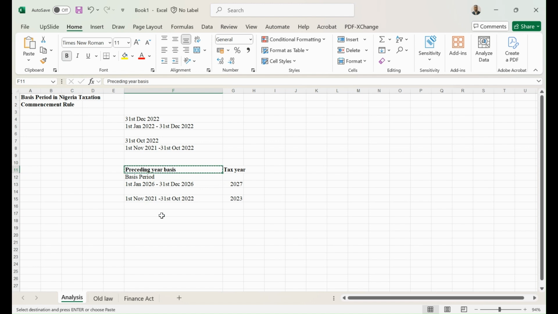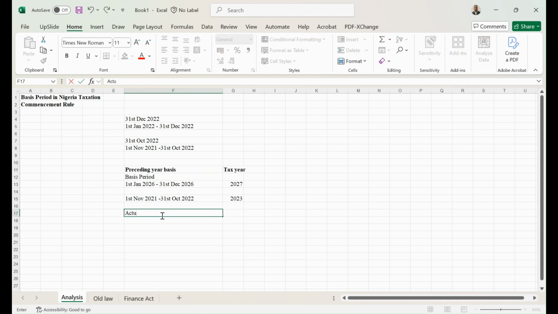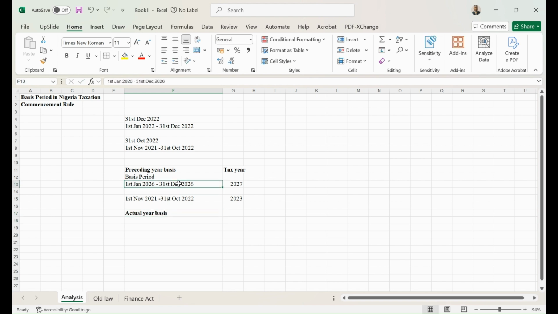So let's move back to actual year basis. If I'm going to be determining the tax year, assuming that I'm using actual year basis, actual year basis is pretty straightforward. The tax year is the same thing as the year under review.